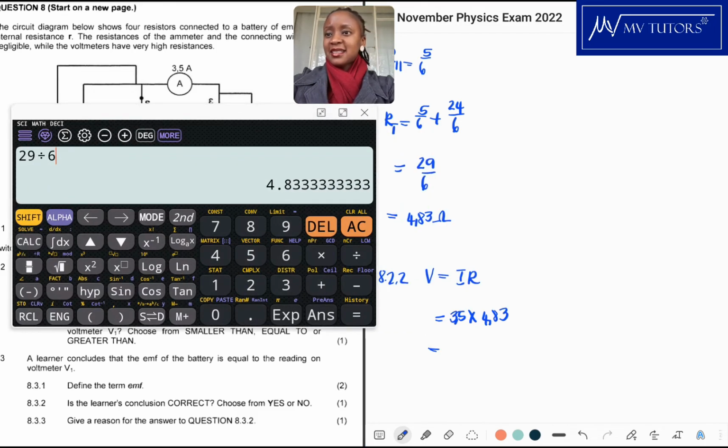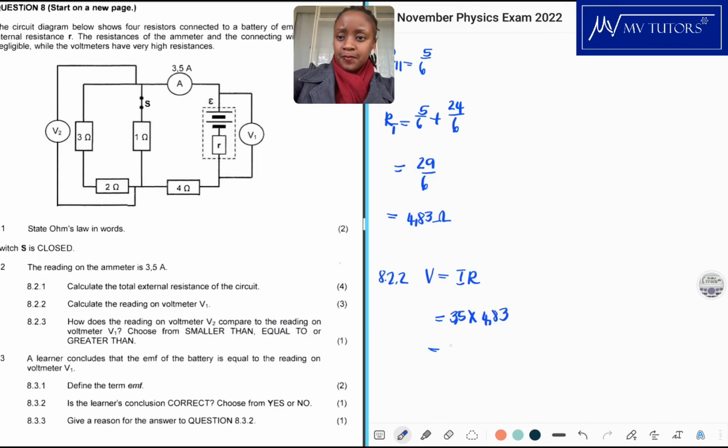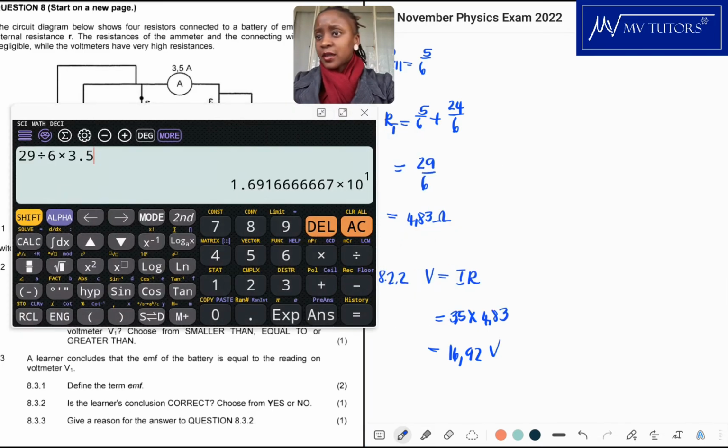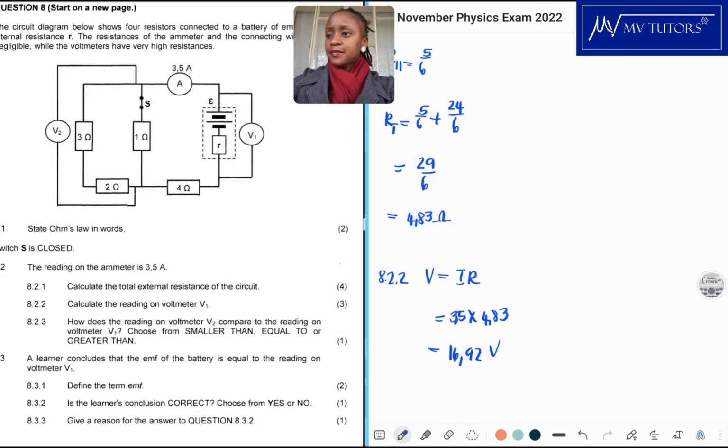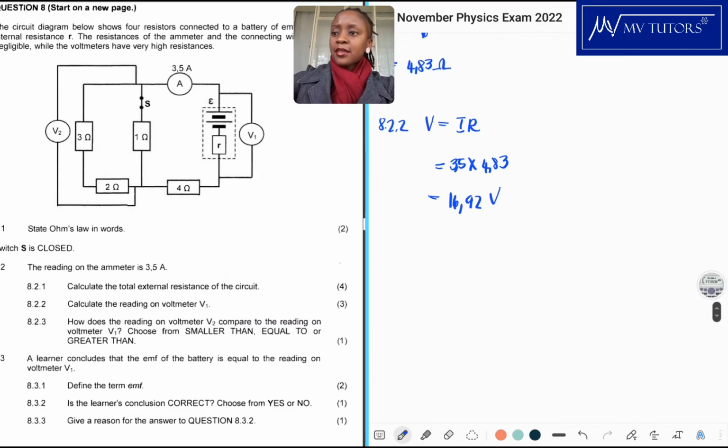So this times 3,5 is going to be 16,92. Let's see, is it 92 or 91? Yes, 16,92 volts.